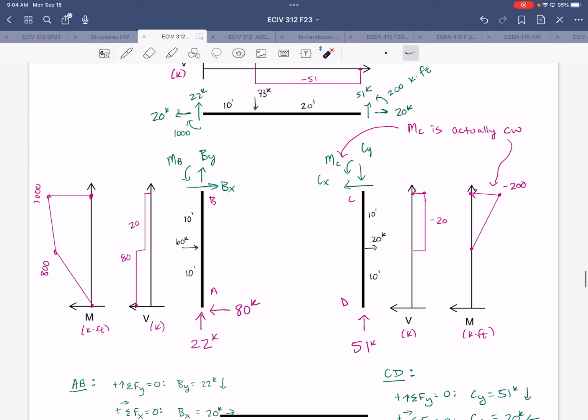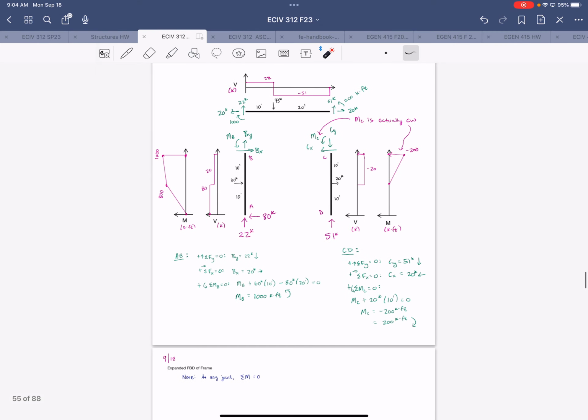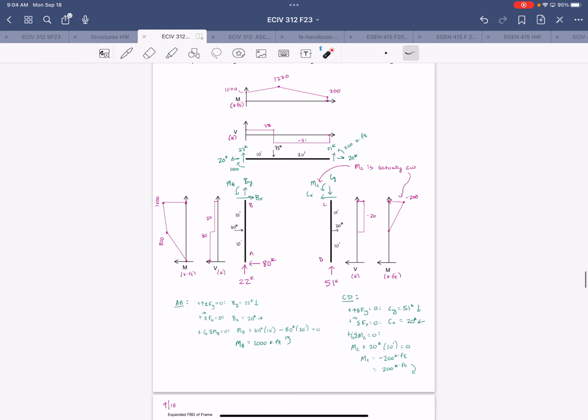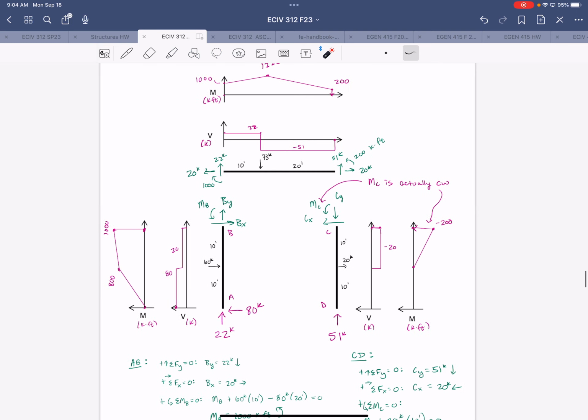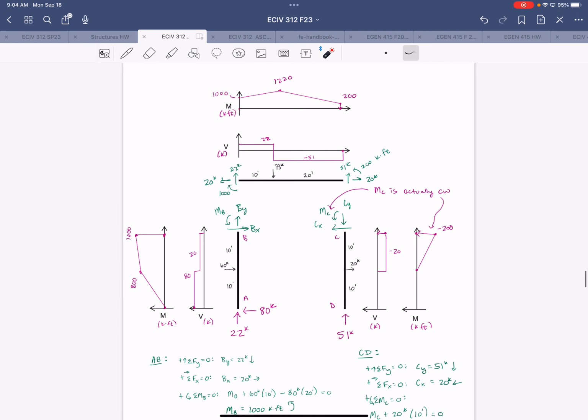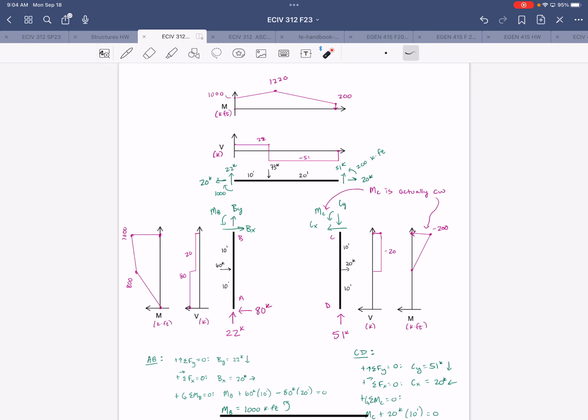So today we're going to wrap up our conversation regarding shear, moment, and elastic curve, and then, time permitting, start talking about finite element analysis. So last time we looked at this example of shear and moment on a frame, and we went through and drew all the shear and moment diagrams for the columns and beam of this frame.